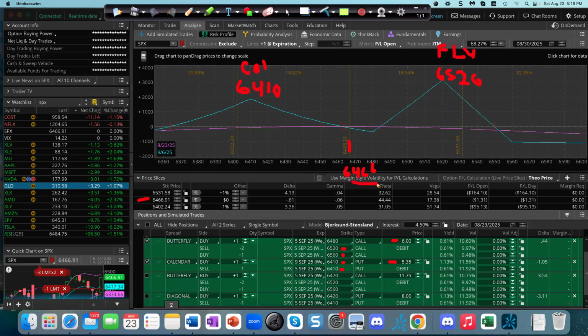If the underlying's at 64.66, you have a wide area of prices which are okay. Deltas are relatively flat. It's a positive theta trade, so it'd be a range bound type trade. And the Vega, your volatility risk, is pretty close to zero. 17 is pretty low, you don't have a lot of volatility risk. So you have a wide range. So that's what a combo is, two trades.